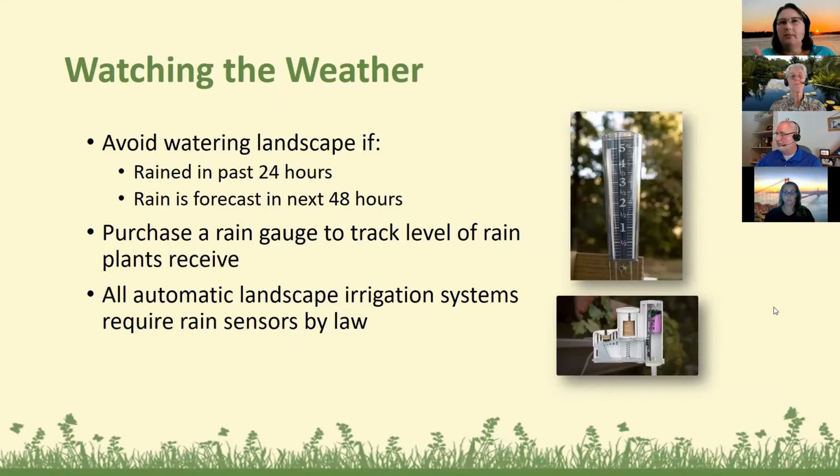But on a typical rain sensor, it may take a few minutes of rain before it triggers the system to shut off. So this particular model has an immediate shut off and then the longer term rain sensor that will prevent it from coming on if you've received adequate rain, and then the solar sensing device.